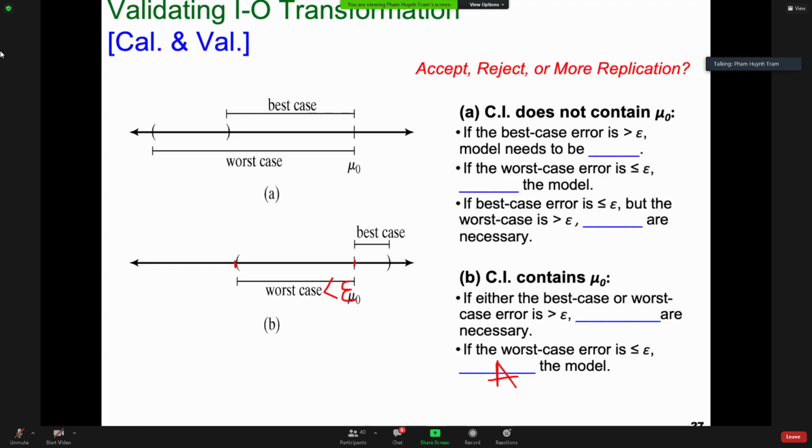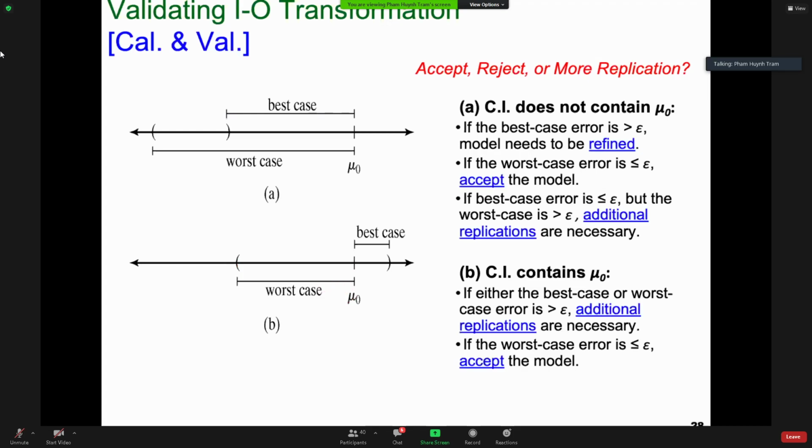Alright, let me summarize again. We will have a case where the confidence interval does not contain the real value of the system, like this one. In this case, if the best case error is larger than epsilon, larger than the allowable value is not good, then the model needs to be refined.